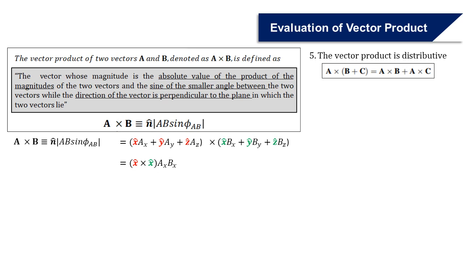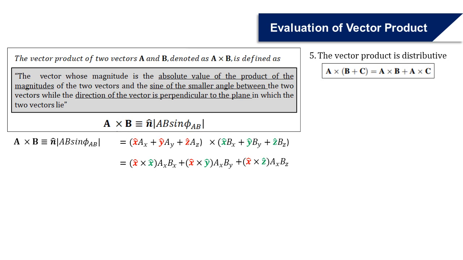So, first, we have x hat cross x hat times a sub x, b sub x, plus x hat cross y hat, a sub x, b sub y. So, dito na tayo sa second term. Then, third term naman, x hat cross z hat times A sub x B sub z.